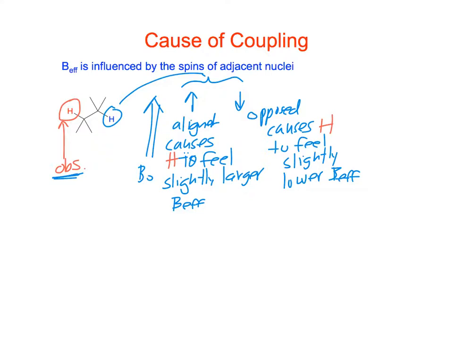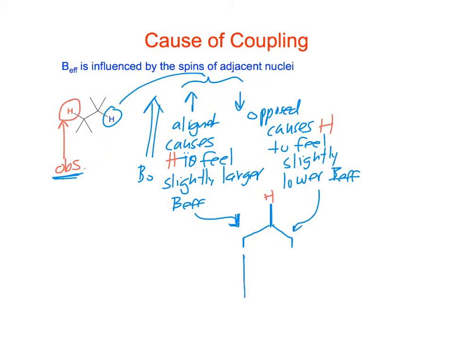There's just a very slight excess in the aligned one. So if this is the peak with no splitting, the chemical shift of H, then we get one that's split a little bit up, which is feeling a slightly larger magnetic field, and one that's feeling slightly less.